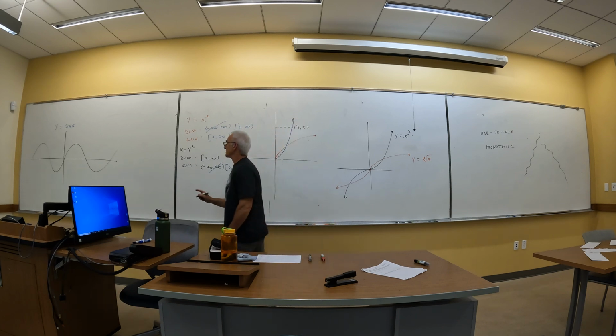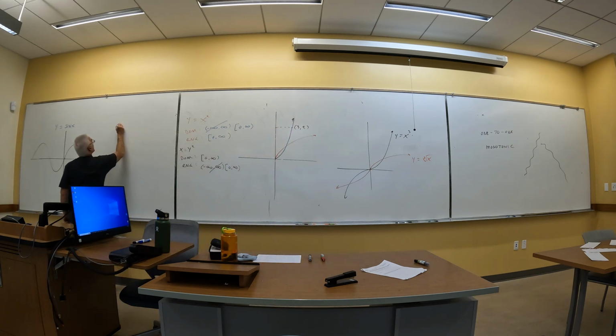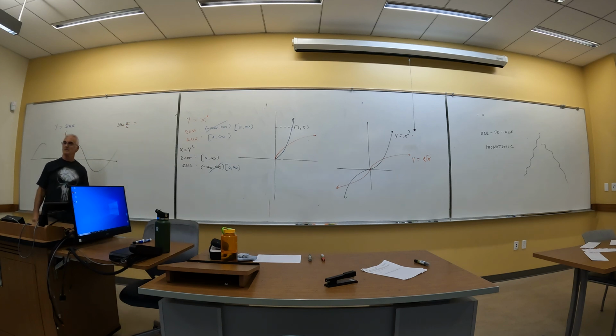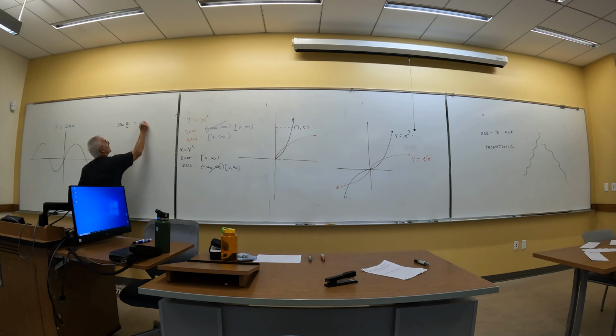Here's the problem with this, okay? The sine of pi over 6 is equal to, this is a common one. Use your calculator if you want. It's 1 over 2. Yeah, it's a half.